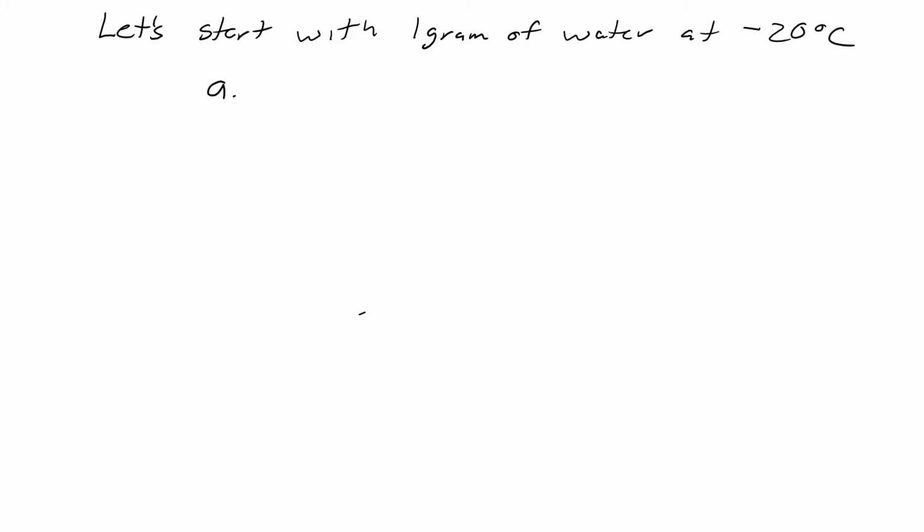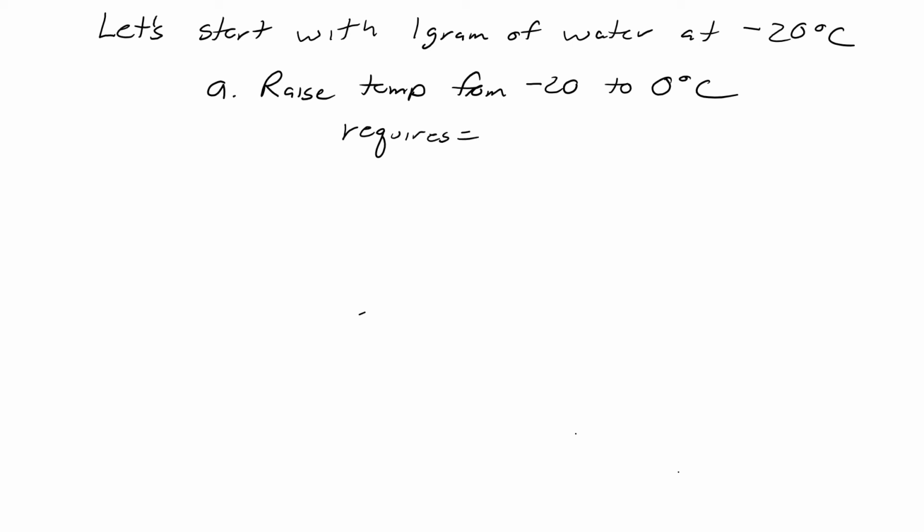Okay, so let's raise the temperature from minus 20 to 0 degrees C. How much heat do we need for that to happen? With 1 gram of water, how many degrees are we changing? 20. How many calories do we need? 20. So we need 20 calories.